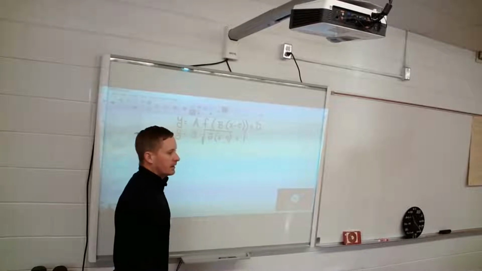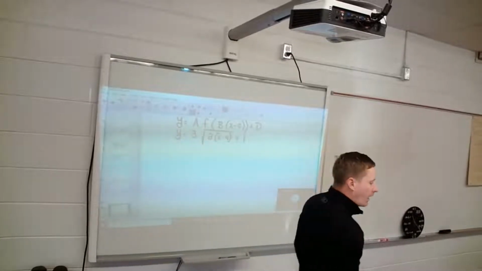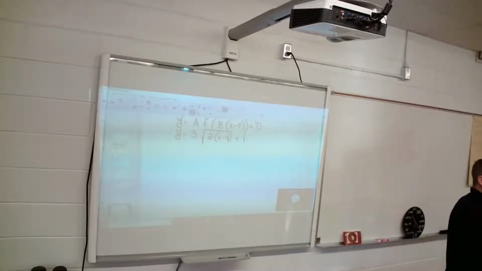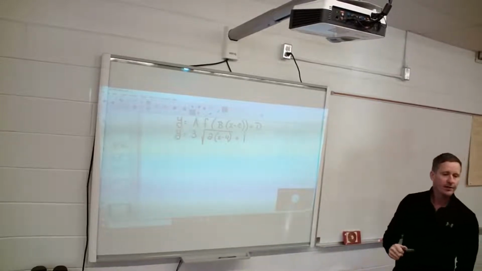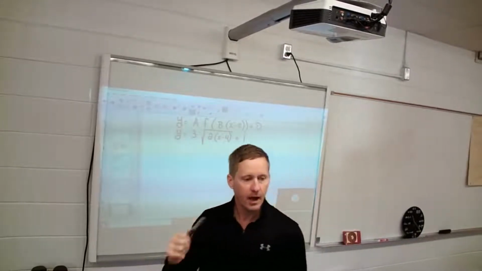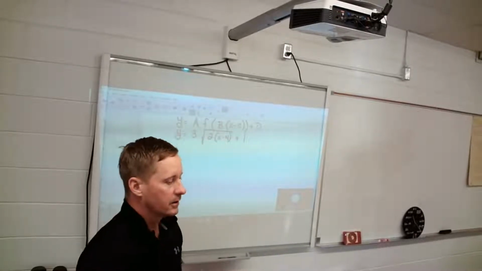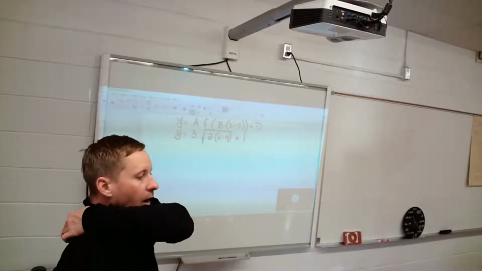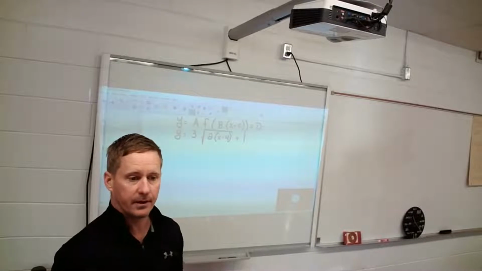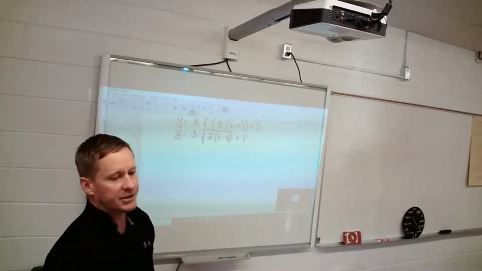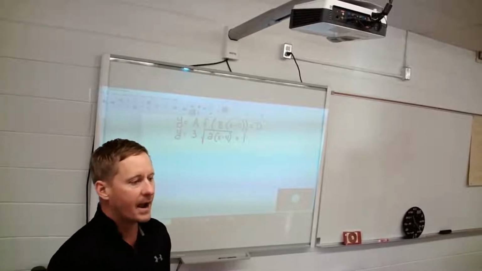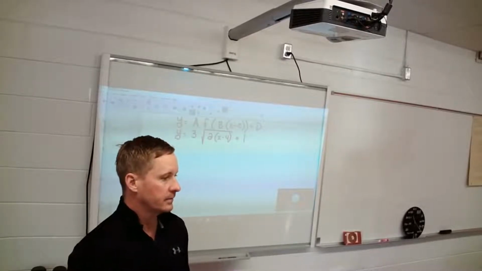Now I want to be able to draw the square root graph without using graphing technology. So in order to do that, I have to understand what's happening to each coordinate.